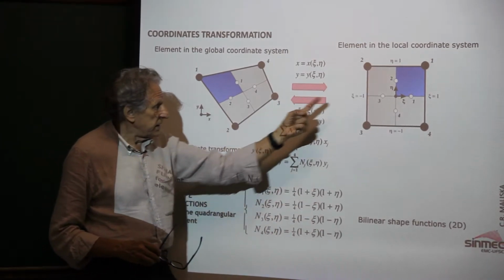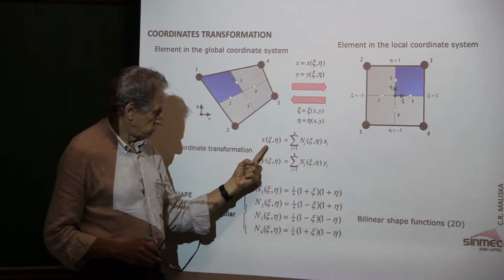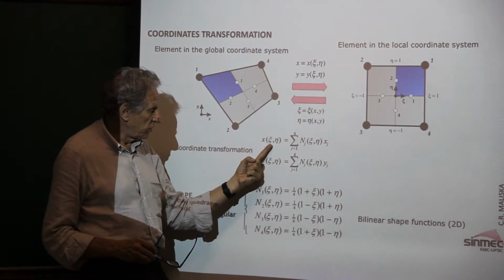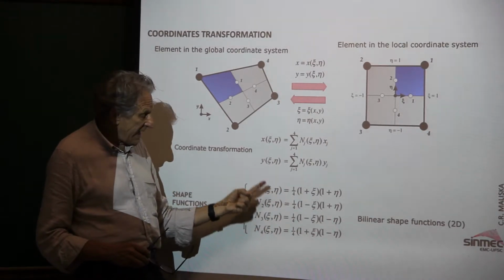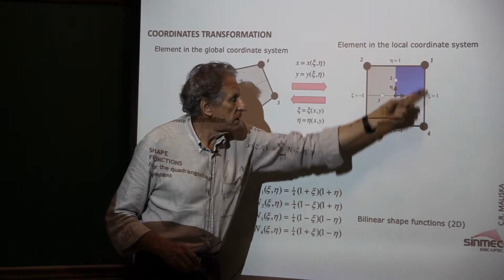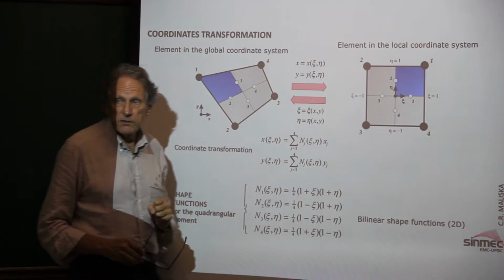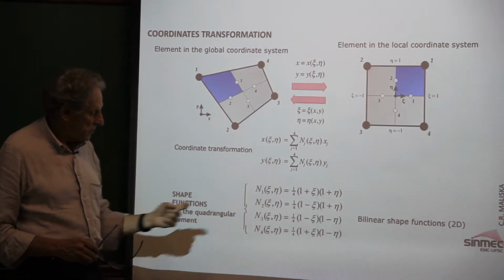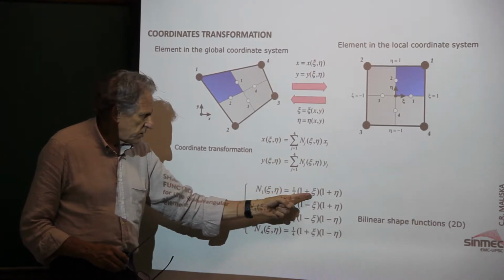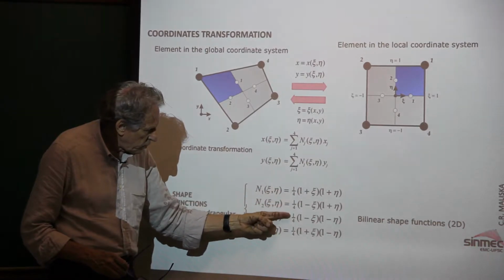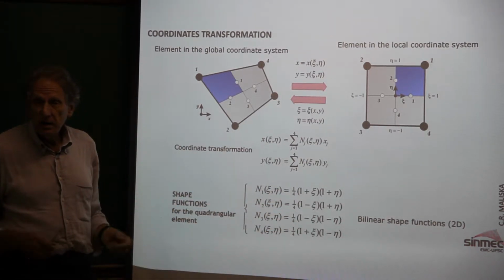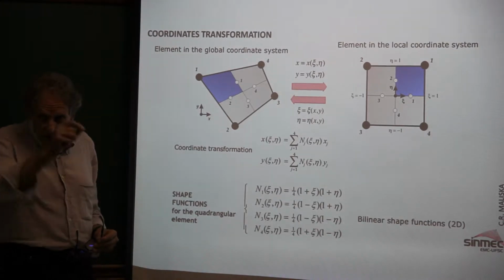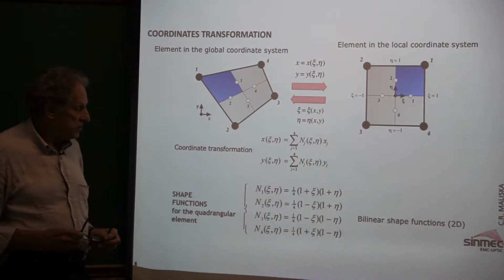There's the x at 0, 0, which will be the average over the 4 vertex points, because each shape function is 1 over 4. So it's an average of the x's and the y's in every position.